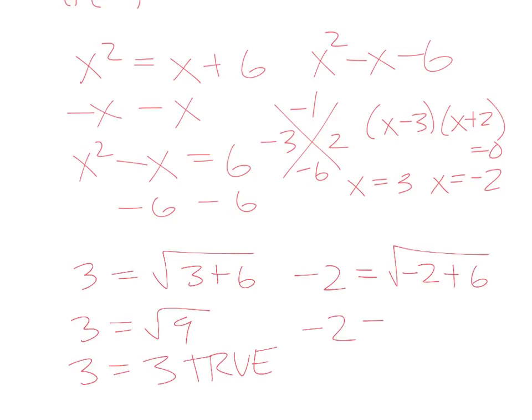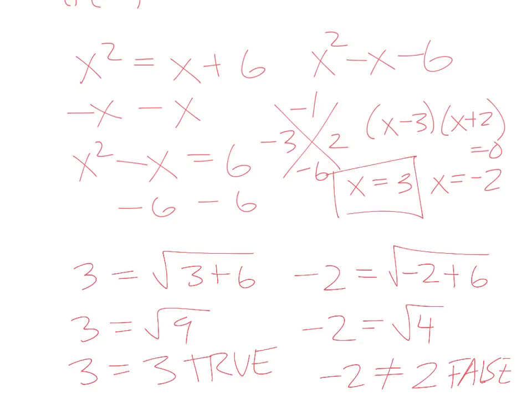I get negative 2 is equal to the square root of 4. Negative 2 does not equal 2. So that's false here. And so negative 2 is not a solution to the problem. So x equals 3 is the only solution. Watch out for that. Test all your solutions whenever you're working with radical equations and you're introducing a square into the problem.